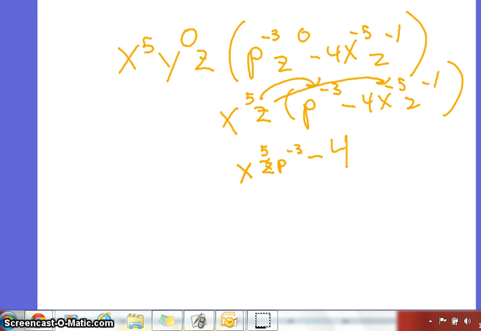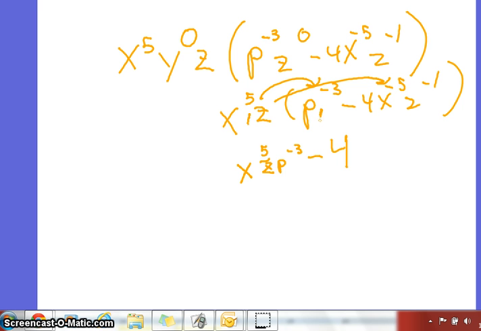Negative 4 times 1 is still negative 4, but only when the number is written down already, like y to the 0 power. That's 1. It's still there, I could write it in. x to the 5th times 1 times z is still x to the 5th times z. It doesn't change anything. It just renames it.